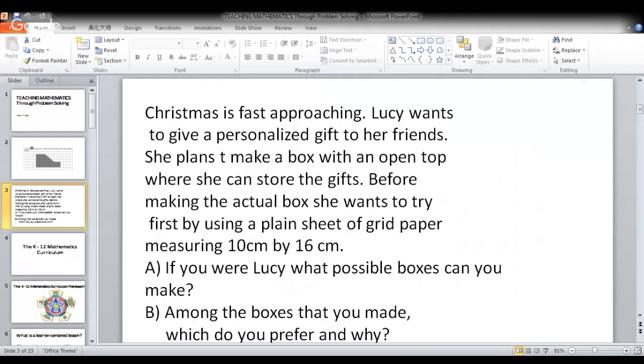Could you think of a dimension of a box using 10 centimeters by 16 centimeters with an open top?